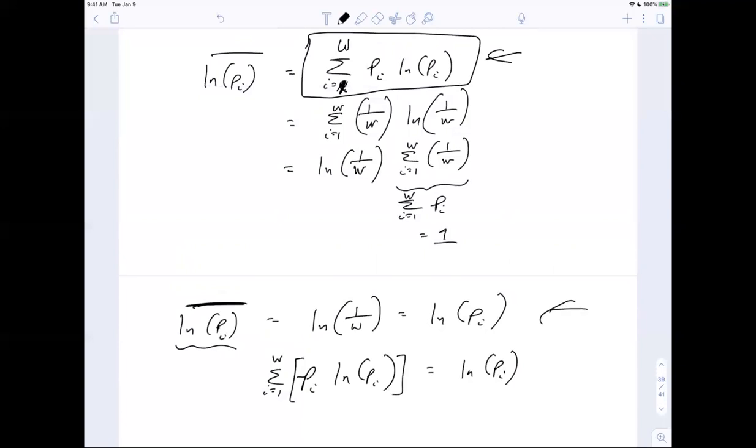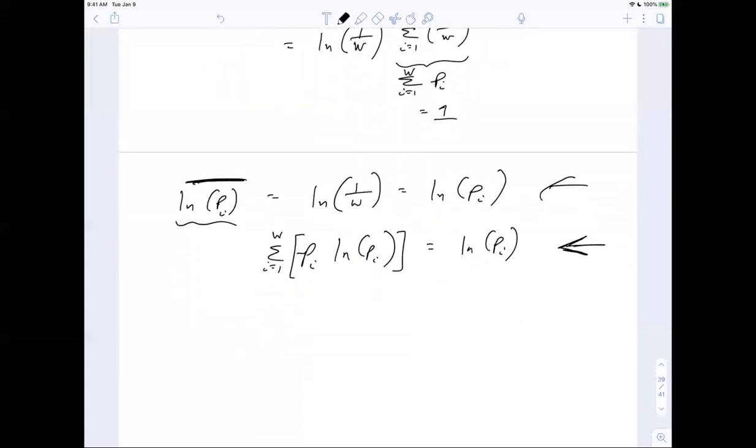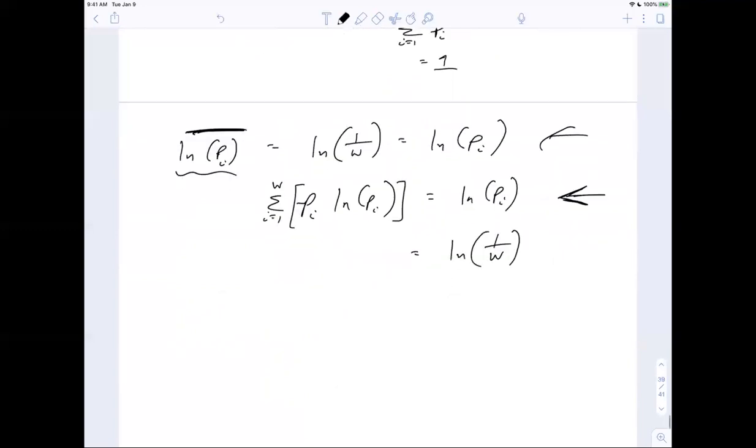And so that's what I've written here. Okay. But natural log of p sub i is 1 over W, which I can write as natural log of W to the minus 1.